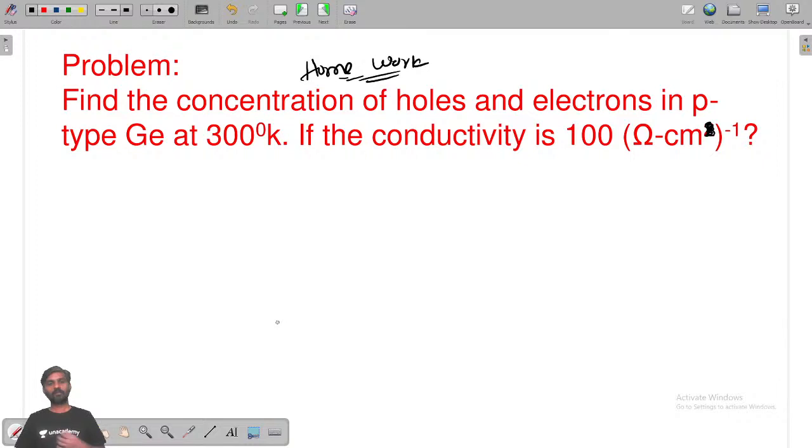Okay, so what is it asking, sir? It is asking to find the concentration of holes and electrons in p-type germanium. P-type material is given, so it is asking for holes, PP, and NP.